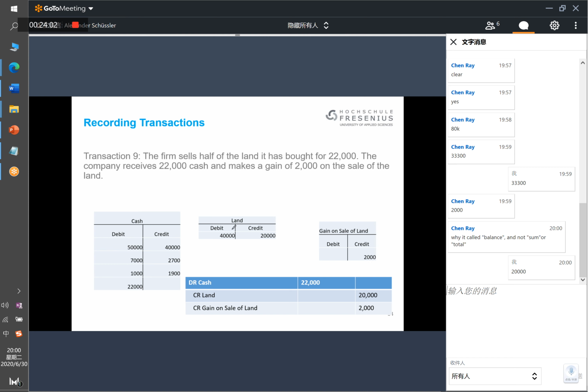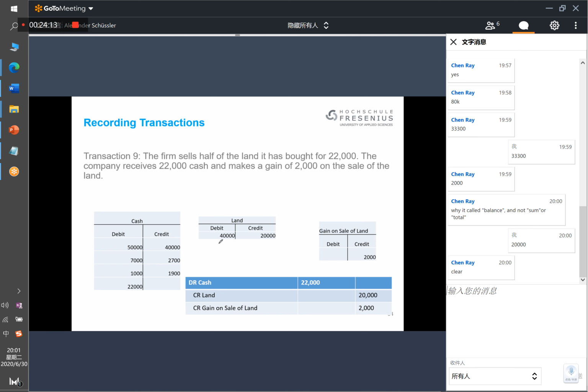You need the balance to balance your account, and then it is balanced. So here it is correct. 20,000 is the balance.